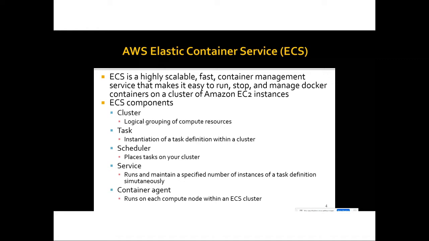And then the scheduler places tasks on your cluster. And what is a service? The service runs and maintains a specified number of instances of a task definition simultaneously. The container agent runs on each compute node within an ECS cluster.